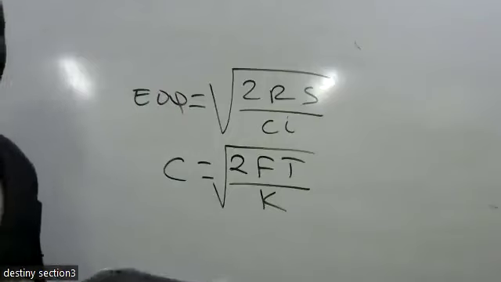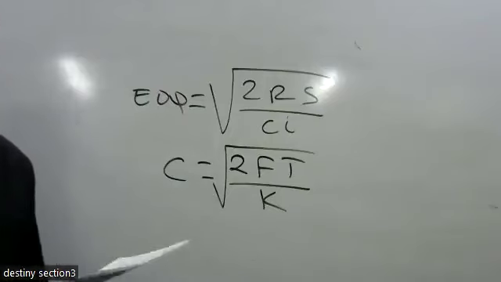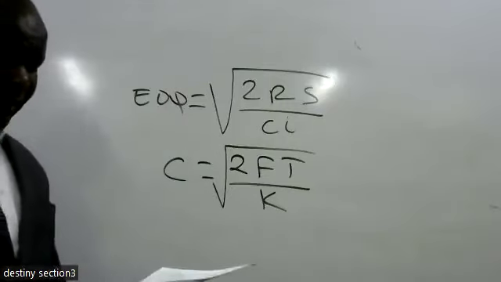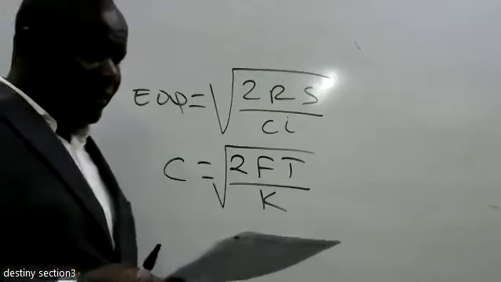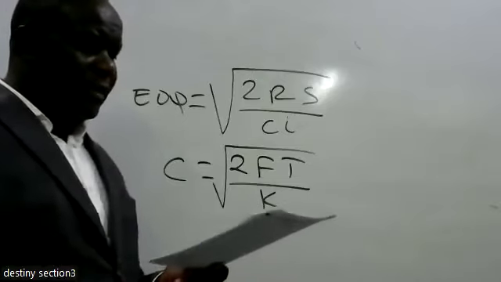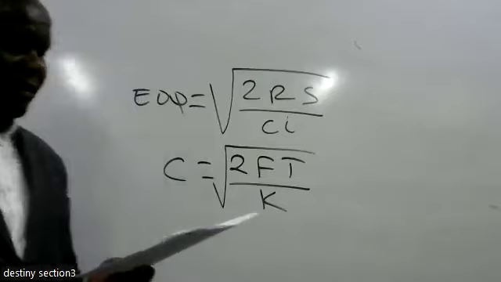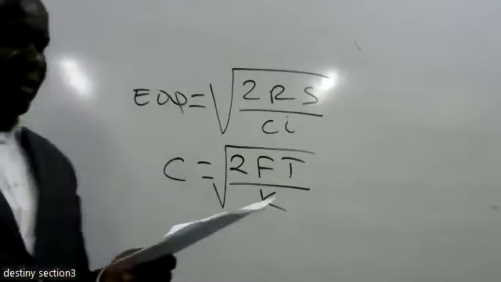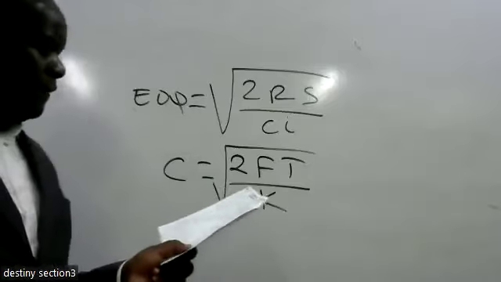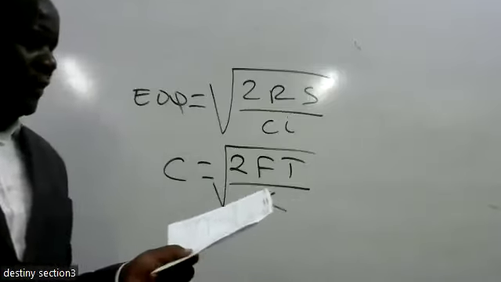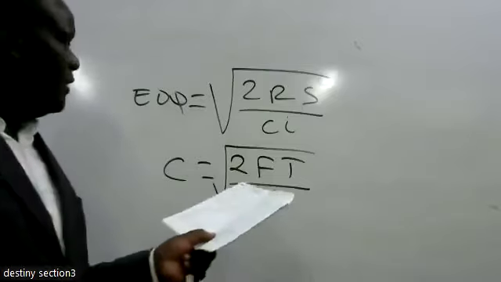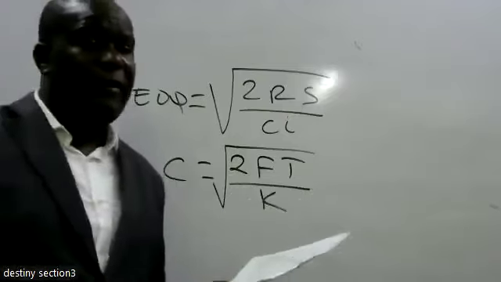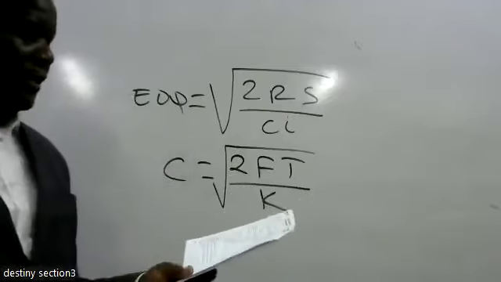They have indicated there where K is the interest rate on the marketable securities. C is the optimum cash balance to be raised by selling the marketable securities. F is the fixed transaction cost of selling the securities per transaction. Then T is the total amount of cash required for the entire period.